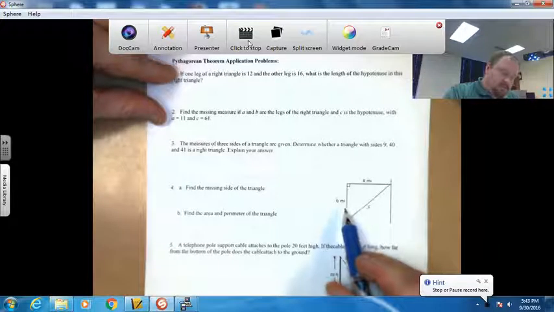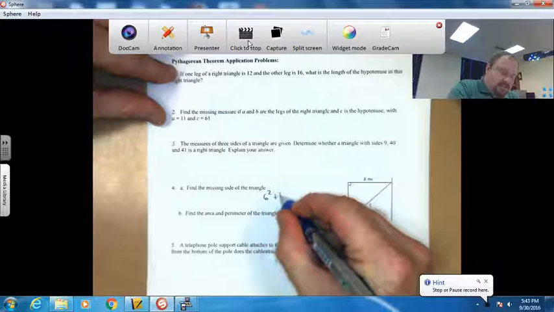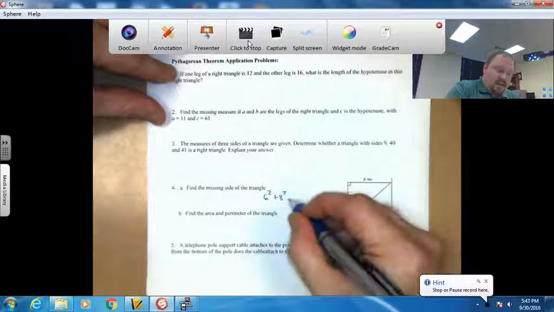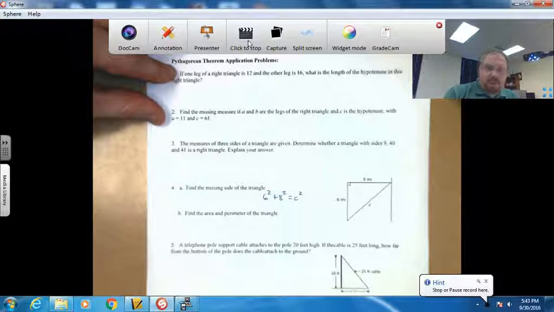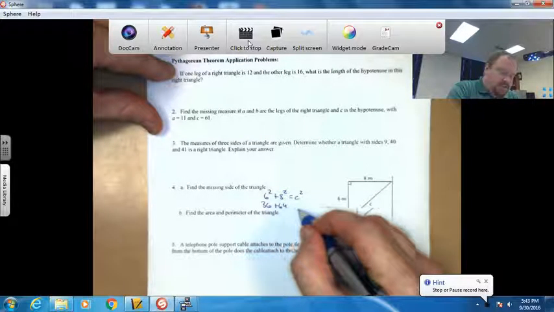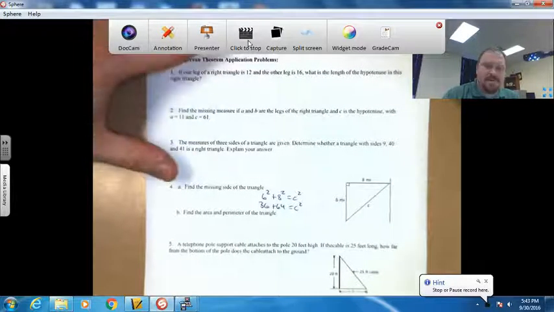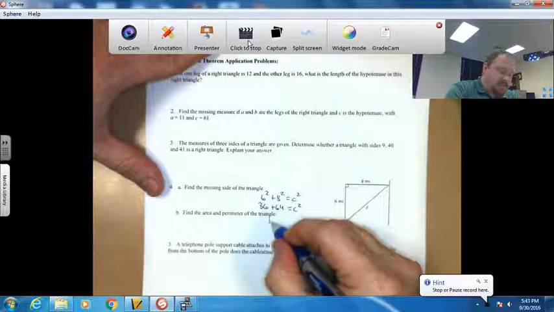So, 6 squared plus 8 squared is going to equal C squared. No problem there. 36 plus 64 equals C squared. Again, no big deal. Add those together, that's 100.